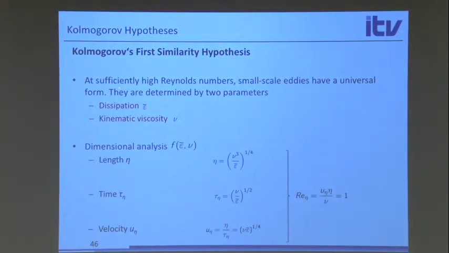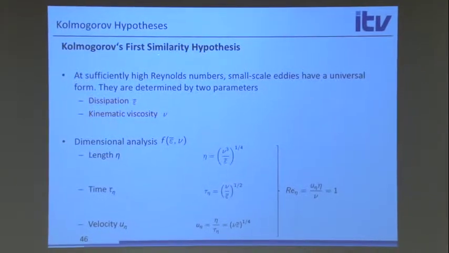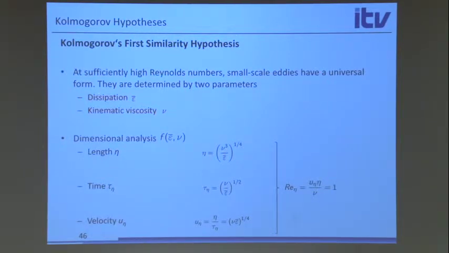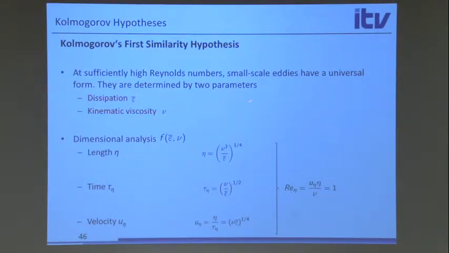The second assumption, or the hypothesis here, is called the first similarity hypothesis. It says at sufficiently high Reynolds number, small-scale eddies have a universal form. They are determined by 2 parameters, the dissipation and the kinematic viscosity. Okay? How did he come up with this? Well, he wrote the equations here basically for the 2-point correlation.